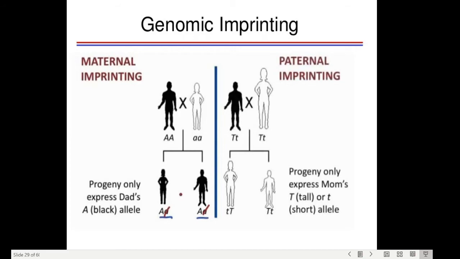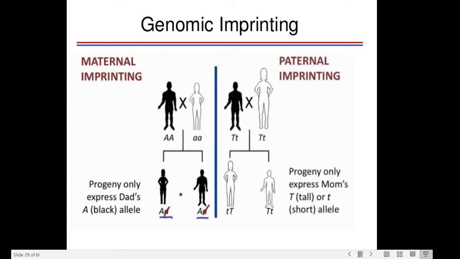Maternal imprinting is where we have capital A and small a. Capital A is male, and the other is female. The next generation, the progeny, expresses only the dad's male allele.